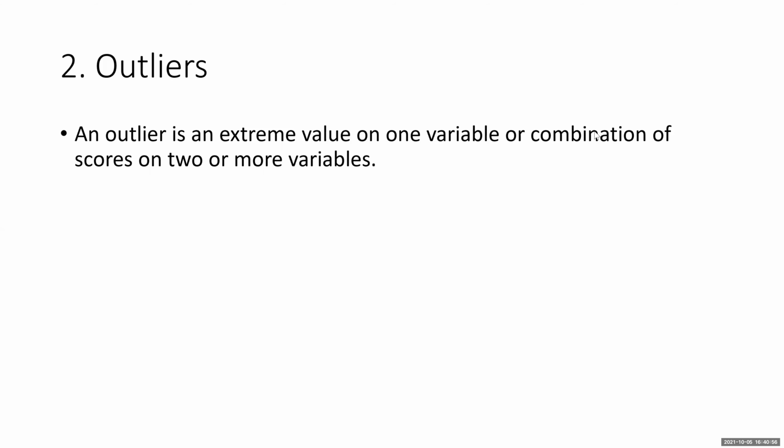Rather, there are tools available which can give us some indication whether some cases are prone to having multivariate outliers or not. So that's why when we are dealing with multivariate statistics, we look at multivariate outliers. And we'll talk about how we can check for those.